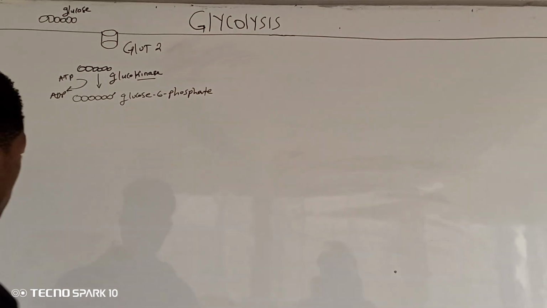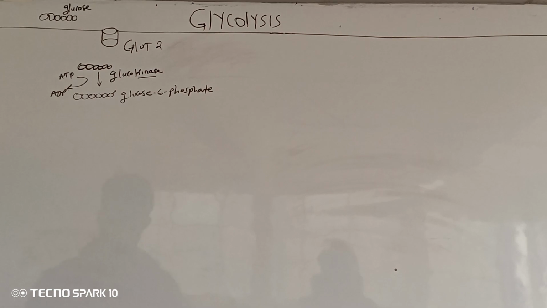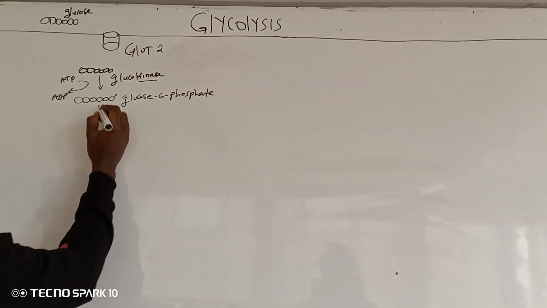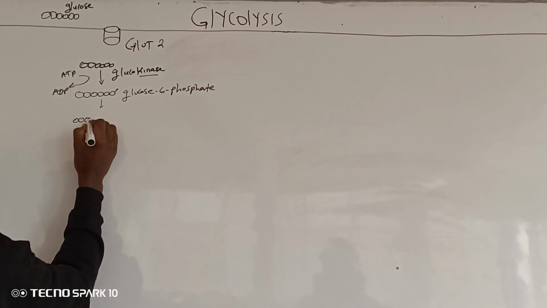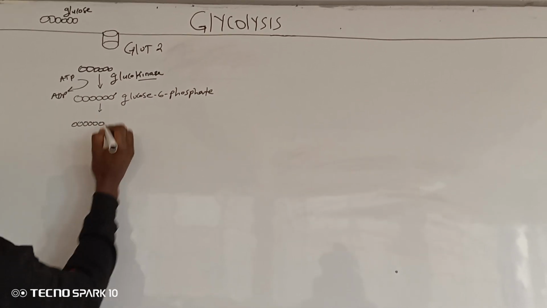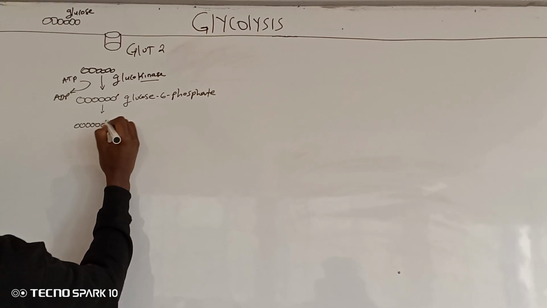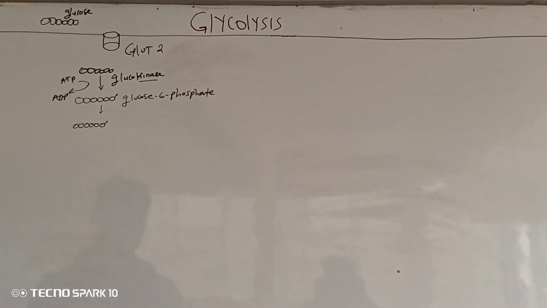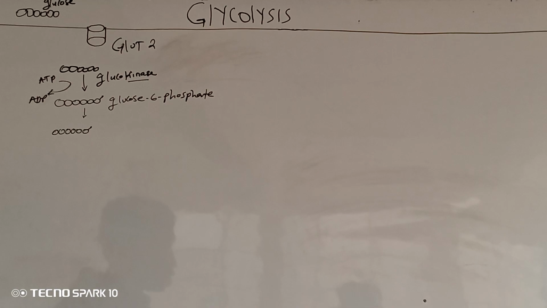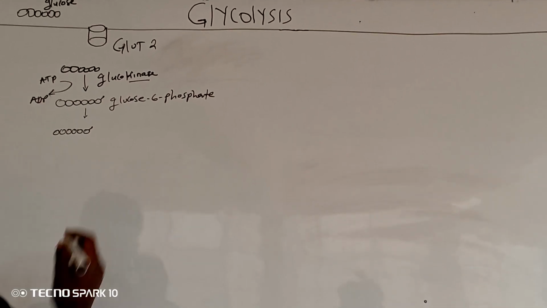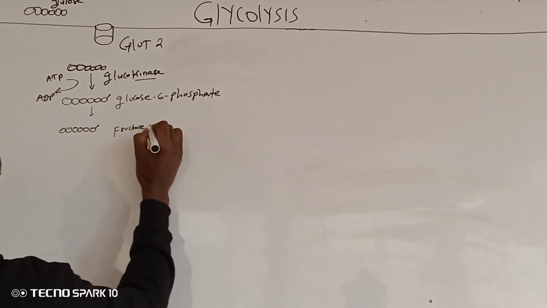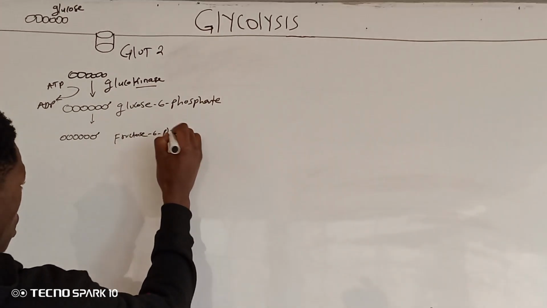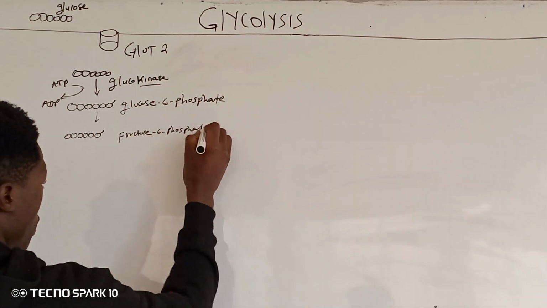Now, glucose 6-phosphate is going to be acted upon by another enzyme. So, we are going to form another 6 carbon molecule, 1, 2, 3, 4, 5, 6. Then it still has a phosphate group at the 6th position. So, what is the name of this molecule? This molecule is called fructose 6-phosphate.